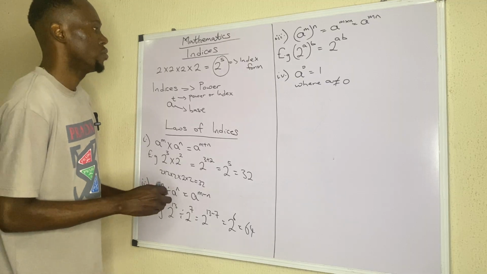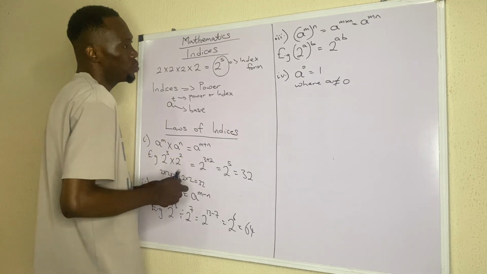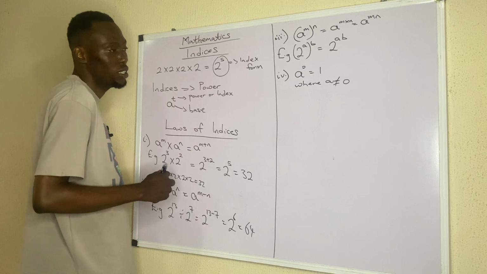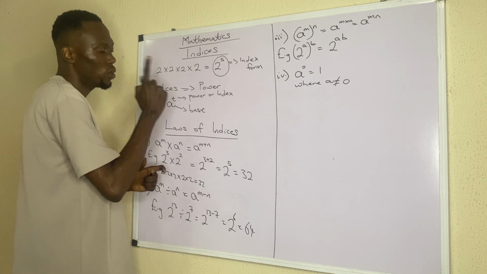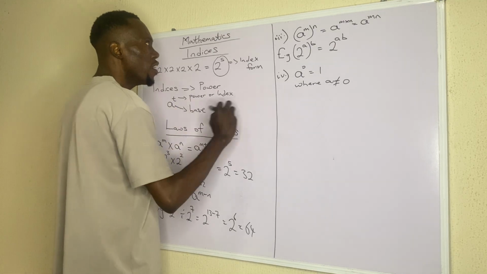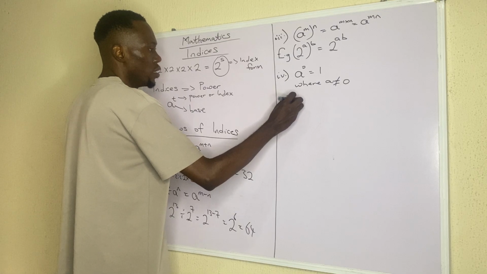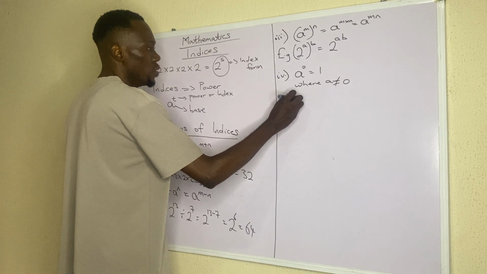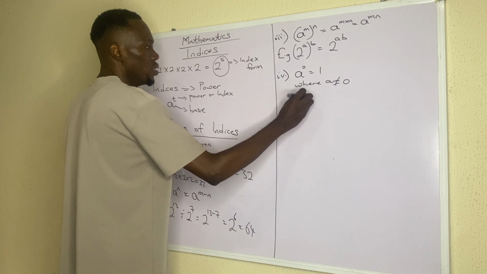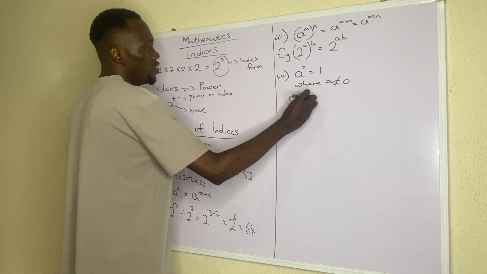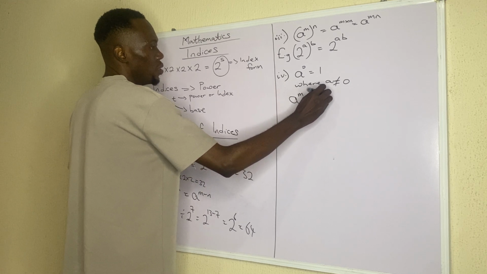Are we together? So let me try to prove this law, why a raised to the power 0 is equal to 1. Okay, watch. If I have a raised to the power n divided by a raised to the power n, right?